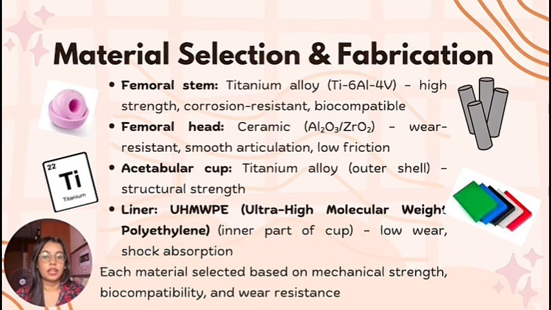The acetabular cup is made of titanium alloy as the outer shell for strength, while its inner liner is UHMWPE, which means ultra high molecular weight polyethylene, providing a smooth surface for the femoral head and minimizing wear. These materials together maximize implant lifespan and patient safety.